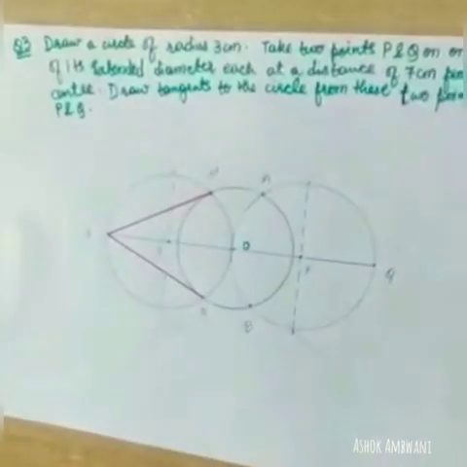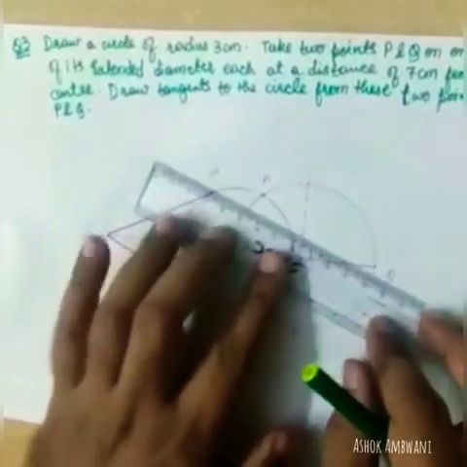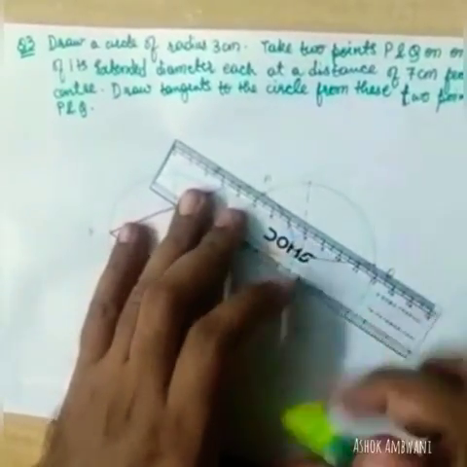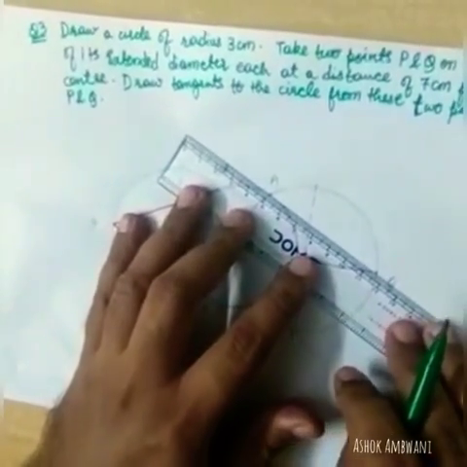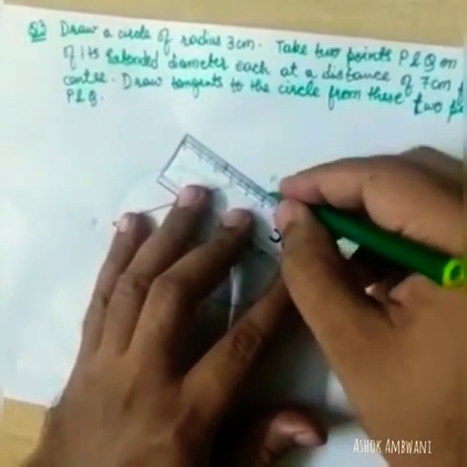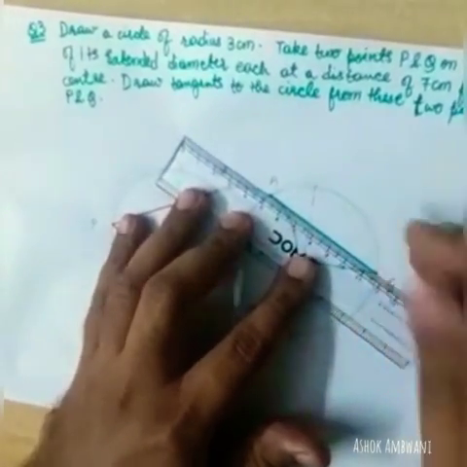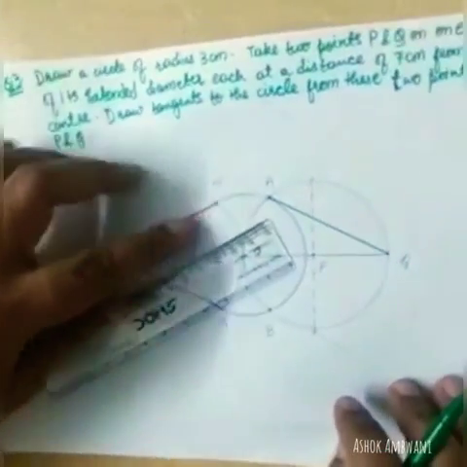As we have obtained these points of contact, we can draw tangents from the external points. So I'll draw QA and QB.